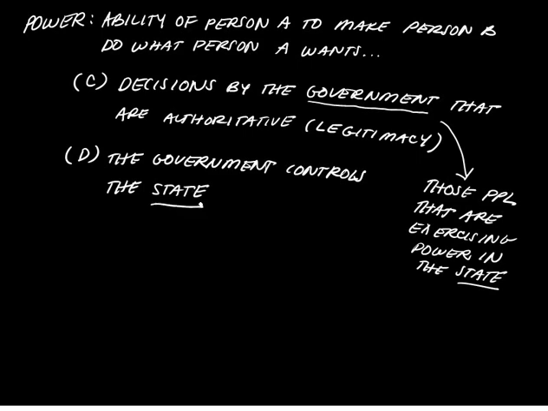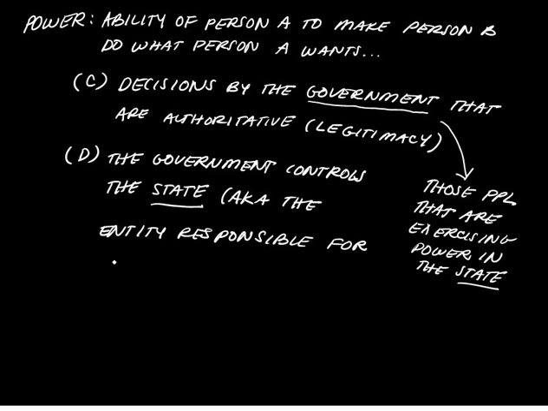I outlined state once before, and that's because it's another one of our key terms. We're going to say the state is the entity responsible for doing a variety of things. So states do things like regulate markets, protect private property, provide public goods, and deal with unemployment.